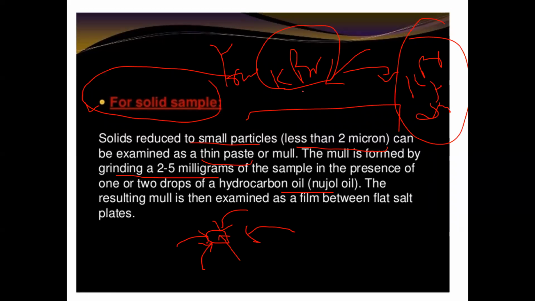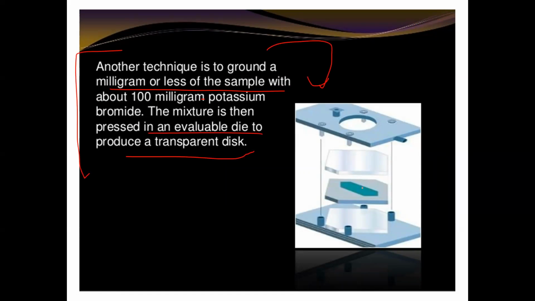First of all, you use KBr and your sample, grind it very finely, and after that you press that mixture so that you can obtain the pellets, okay. So it is the actual instrument where you can form pellets here, okay.